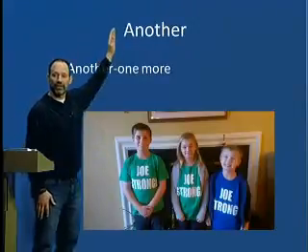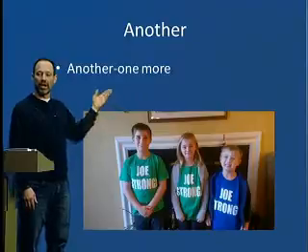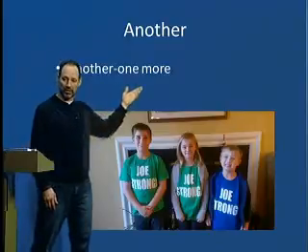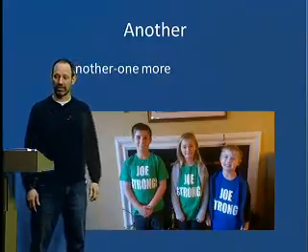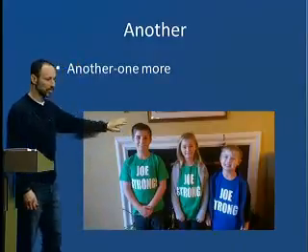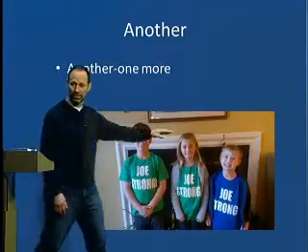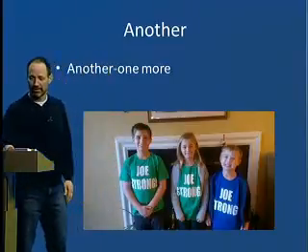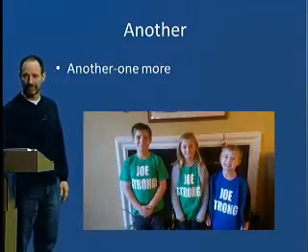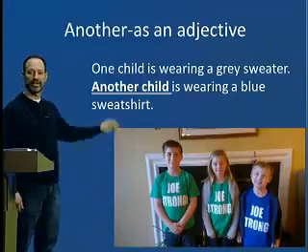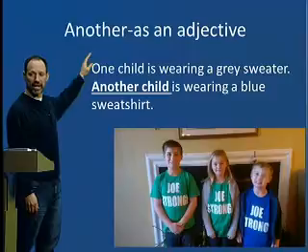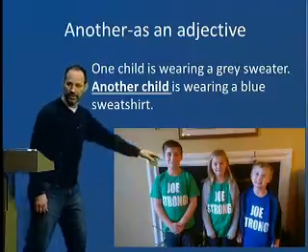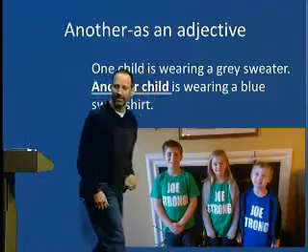We'll start with another. Another means one more in addition to the ones we've already talked about. If we look at the picture here, we have 1, 2, 3 children. And if I look at this sentence, one child is wearing a gray sweater. We see the gray sweater right here.